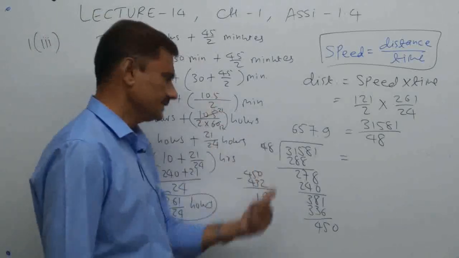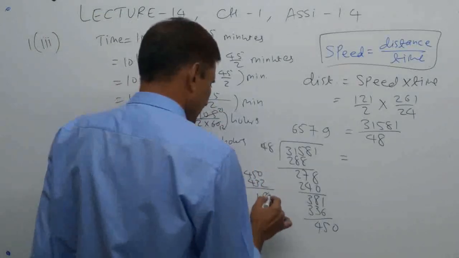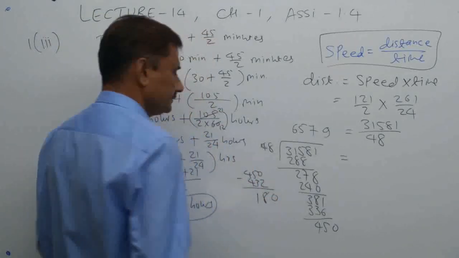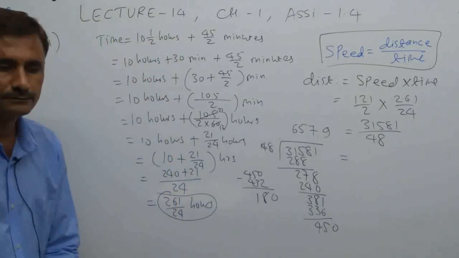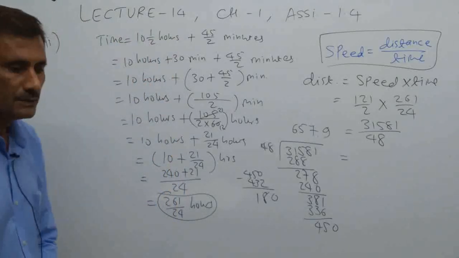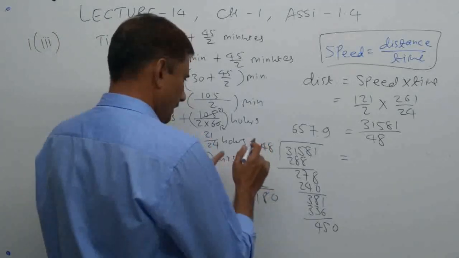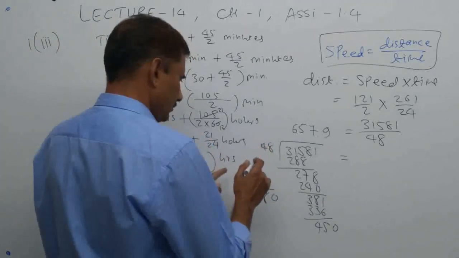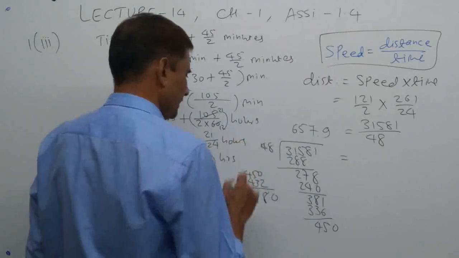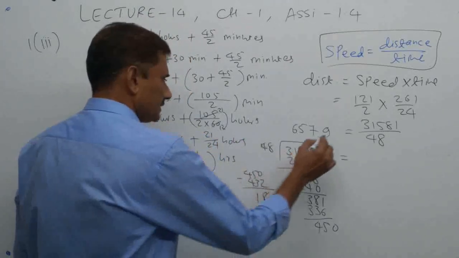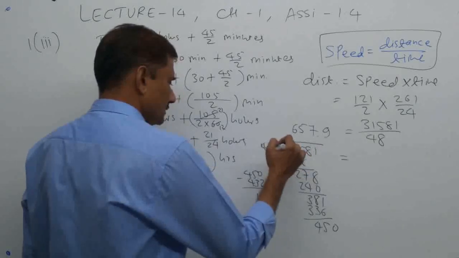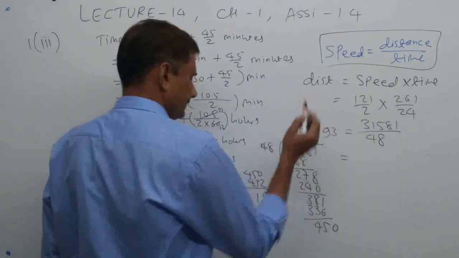So go ahead once again. So 1 extra 0 here. Okay, so now it will be 48 into 3 or 4 somewhat, but 3 may be there. So let's multiply by 3 because 4 will be more than that.